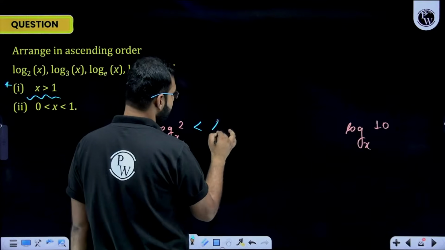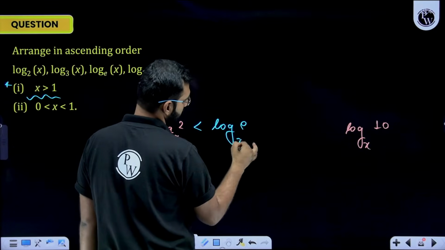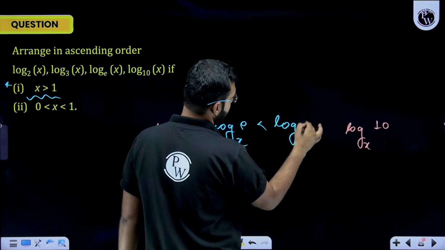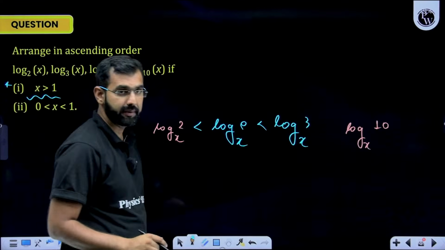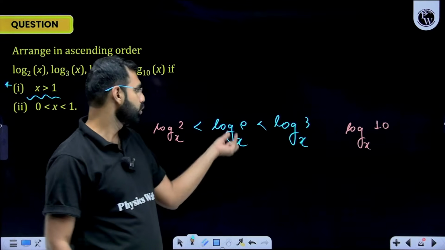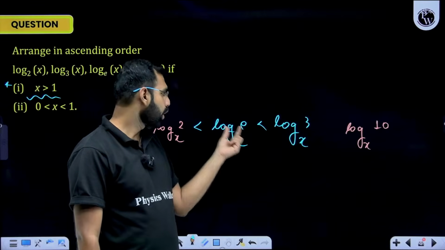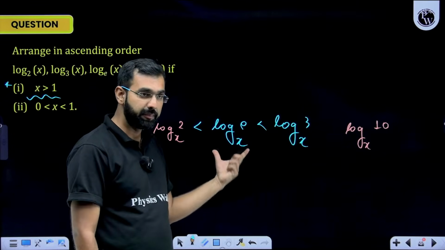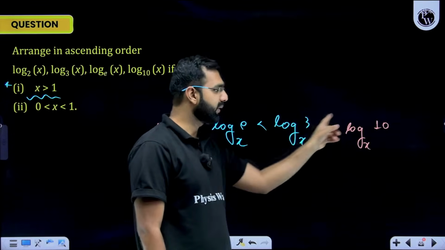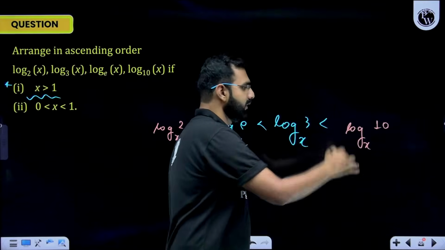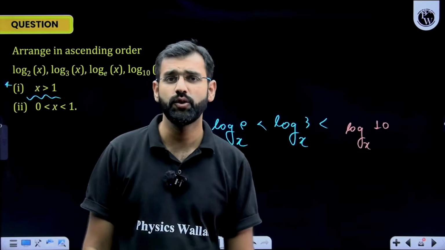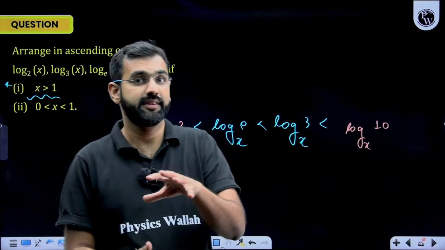So log e base x will come here and log 3 base x will come here. Because e is 2.7, which is less than 3, log e will be less than log 3 because the base is greater than 1. Similarly, 3 is less than 10, so log 3 will be less than log 10. But that's not what you are asked. You are asked the inverse of it.